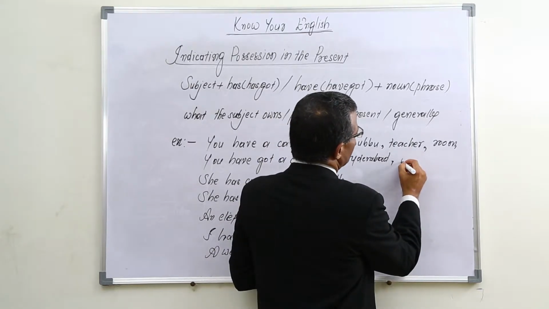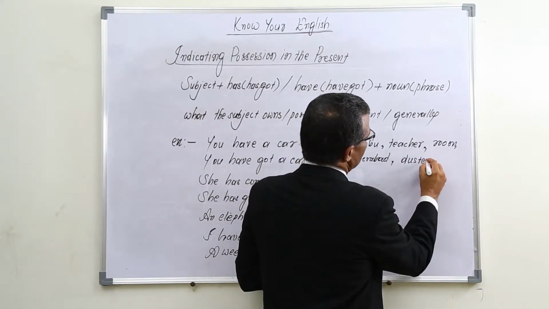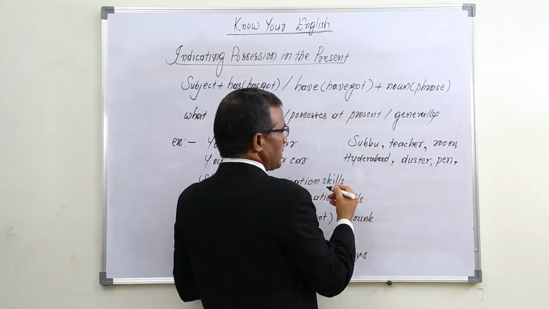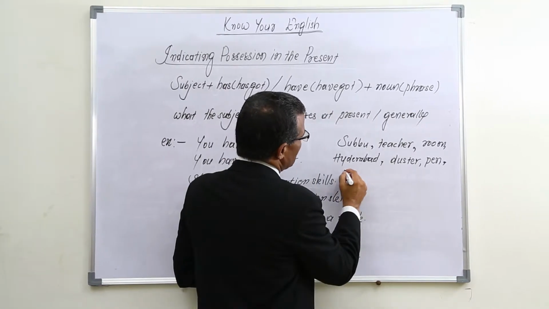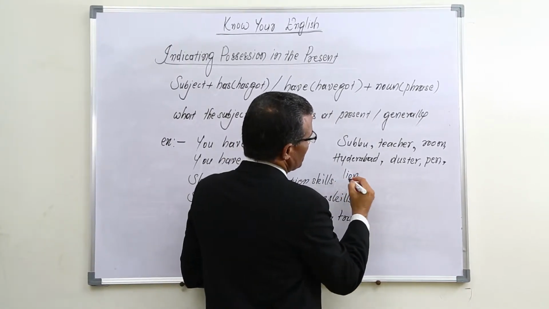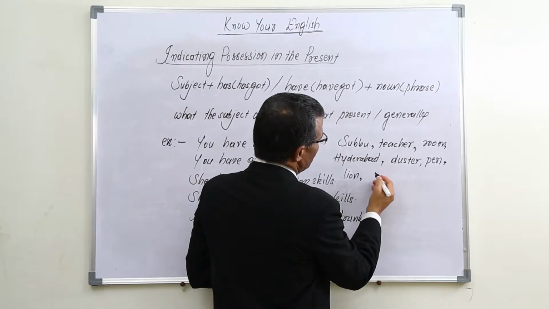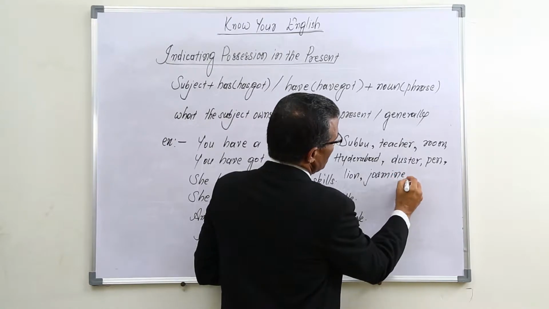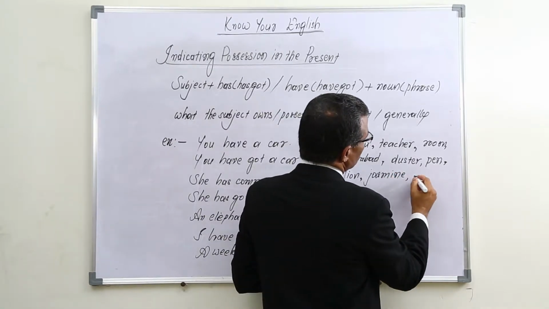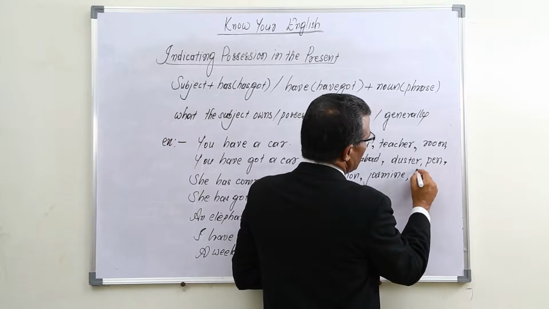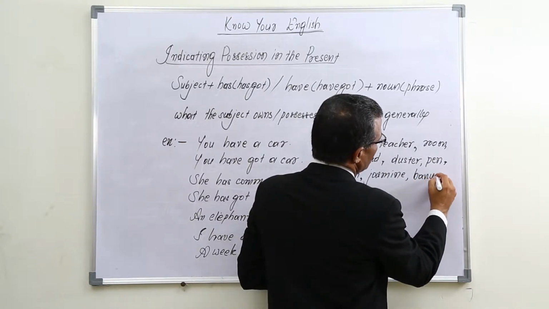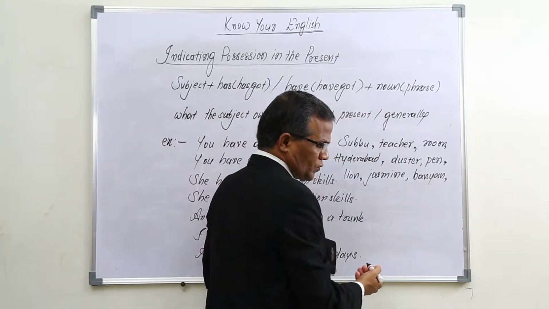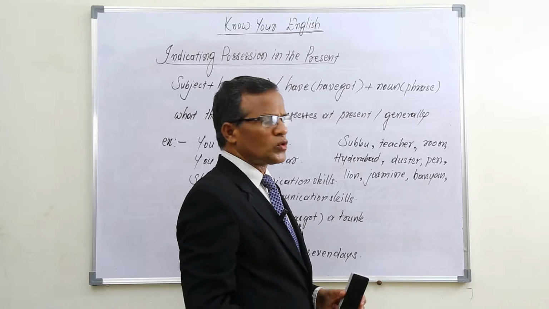For example, duster, pen, etc. And not only that, animals like lion, plants like any jasmine, or any trees like banyan, or any flowers also, and not only that, any body parts also.